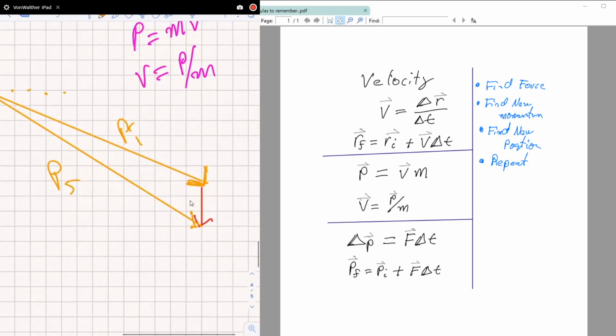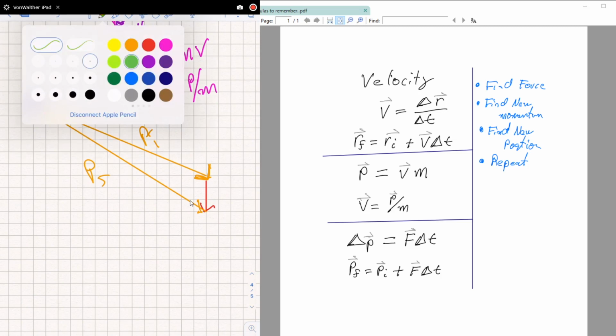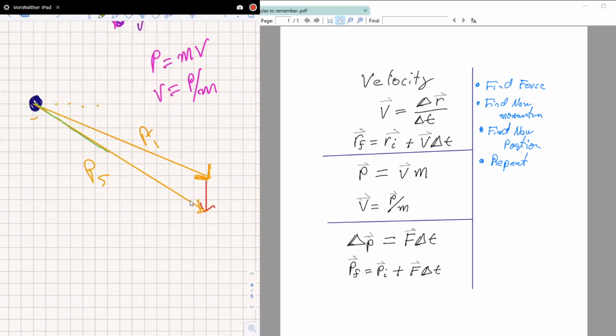Okay, so now we know the new momentum. Now we need to find a new position. And position is not changed by momentum, but by velocity. Velocity is momentum divided by mass, which is 2 in this case. So if I went ahead and drew the velocity vector, it would be here. That is the velocity vector.